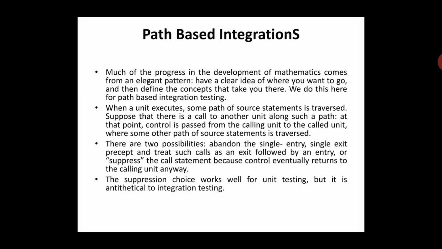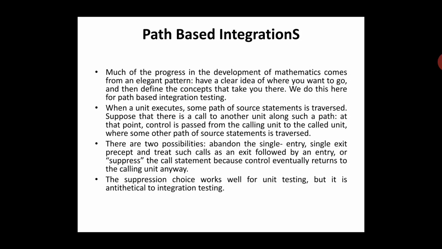There are two possibilities there. One is abandon the single entry, single exit precept and treat such calls as an exit followed by an entry, or suppress the call statement because control eventually returns to the calling unit anyway. Two approaches you can follow.